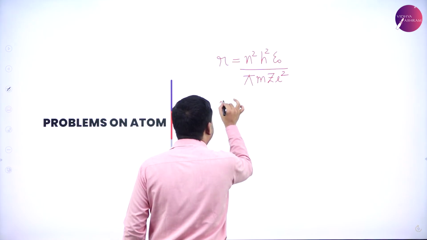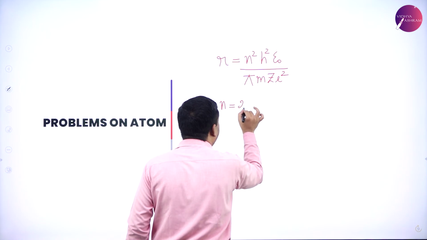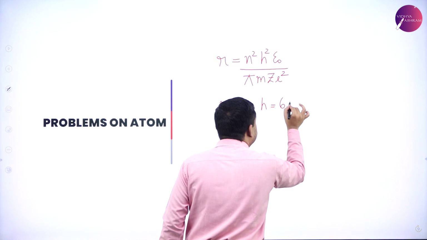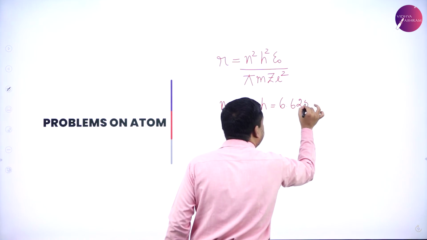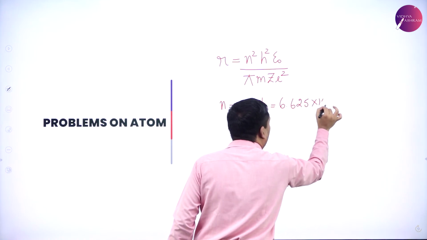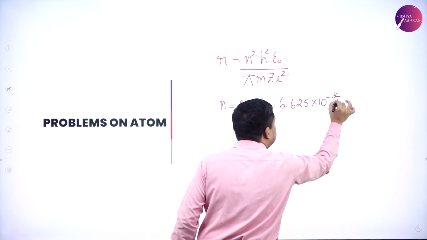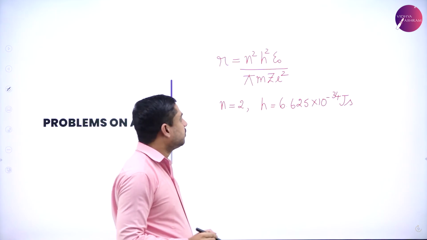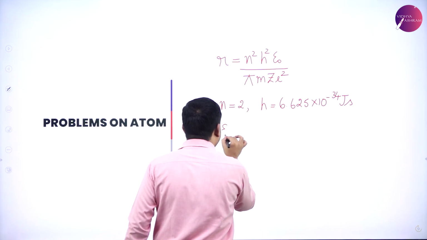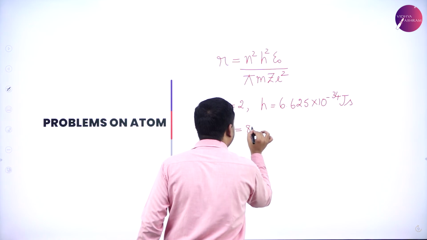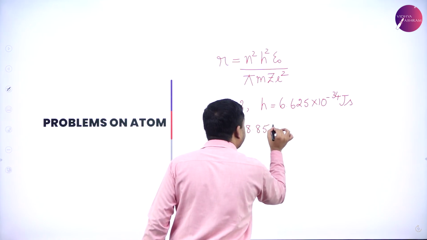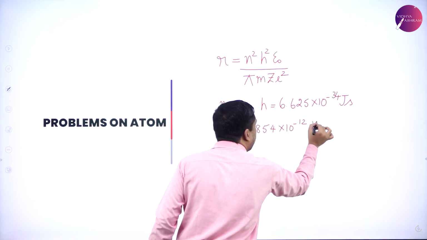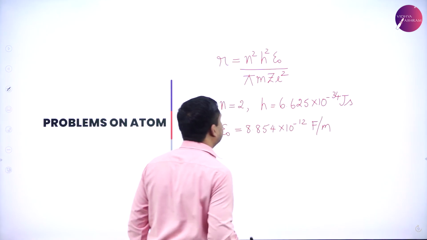So n is 2, second orbit. Planck's constant h is 6.625 into 10 power minus 34 joule second. Epsilon naught is 8.854 into 10 power minus 12 farad per meter.